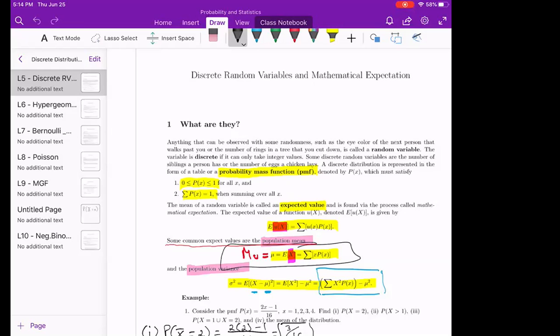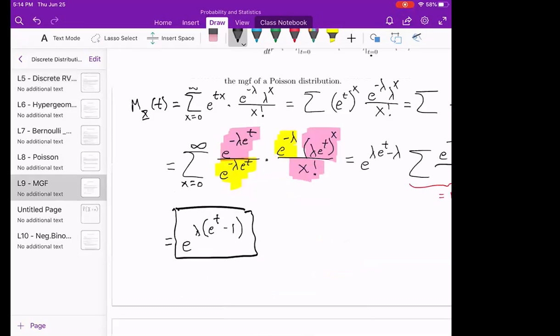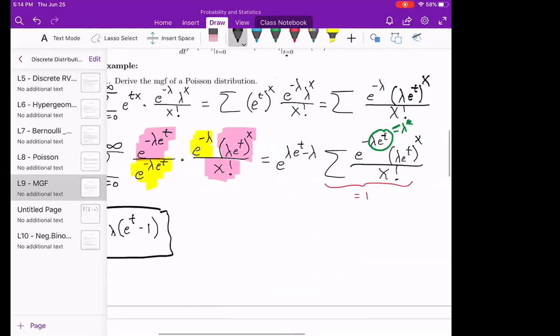Wait, can you go back again? Yeah. Because the Poisson distribution equation has lambda to the x, but then you have lambda times e to the t to the x. So e to the t is just some quantity. It doesn't matter what that is. t is going to remain the same because this is a function m of t.